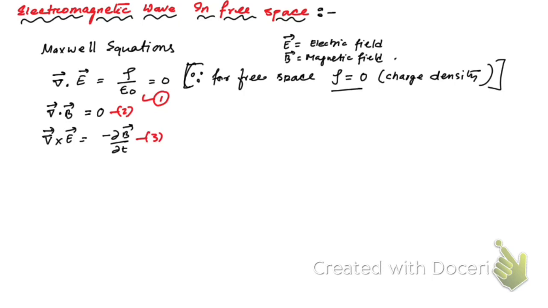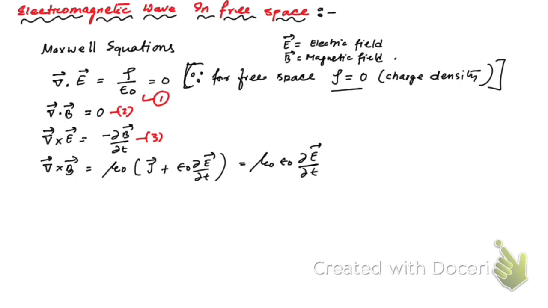And the last one is del cross B, that is equal to mu naught J plus epsilon naught del E by del T. But for free space, J is going to be equal to 0, so we can write this equation as mu naught epsilon naught del E by del T, because for free space the current density J is equal to 0.